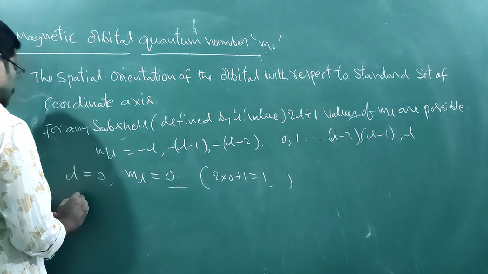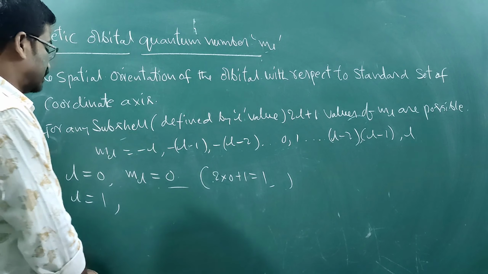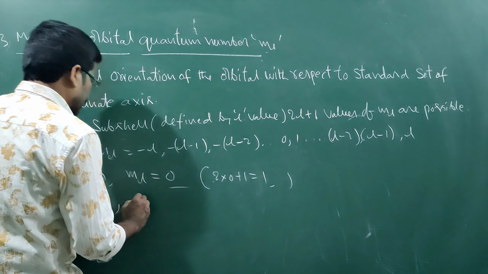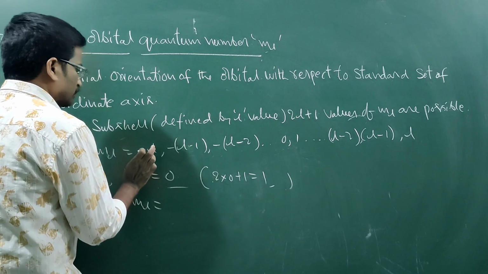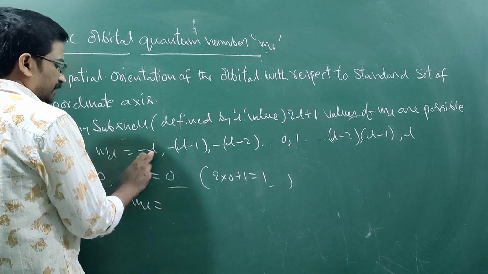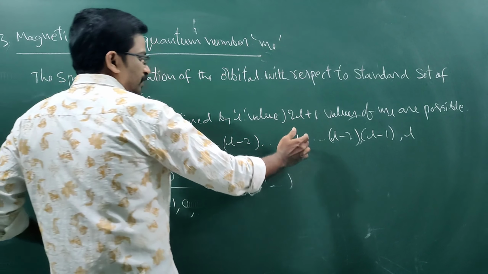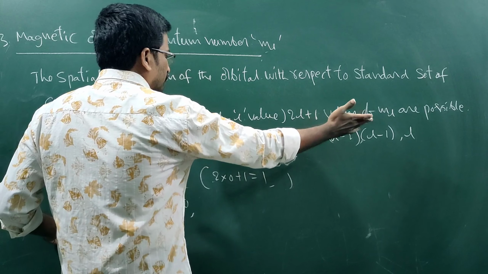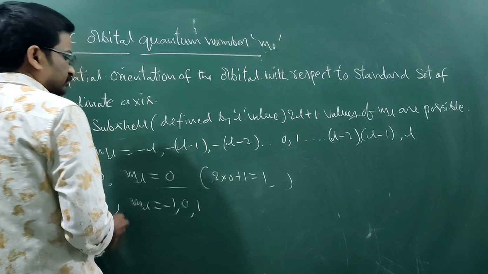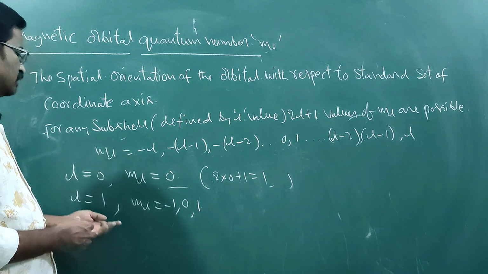Similarly, if L is equal to 1, then the ML values are minus 1, 0, 1.